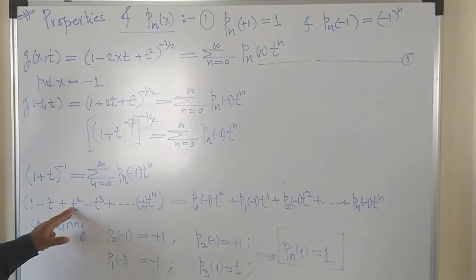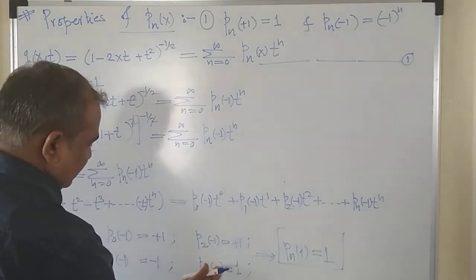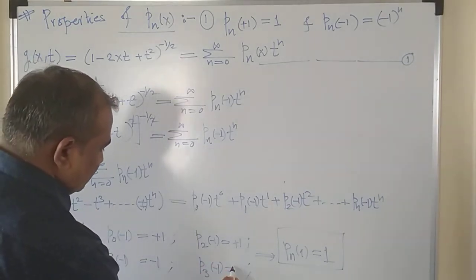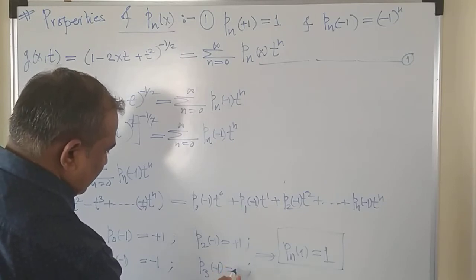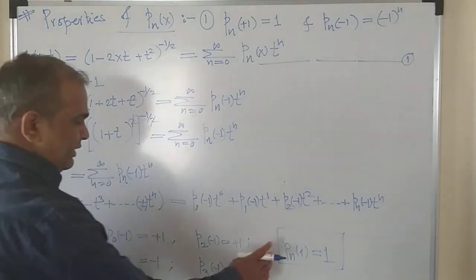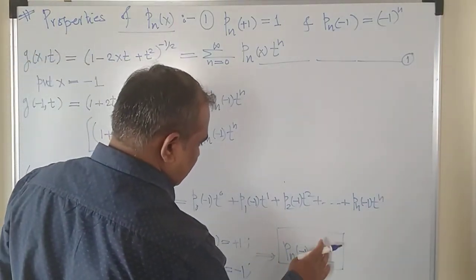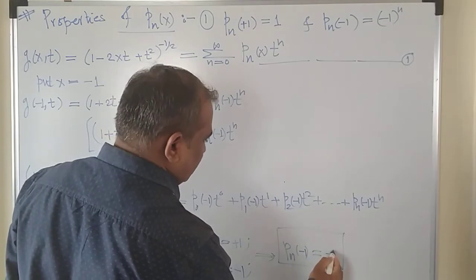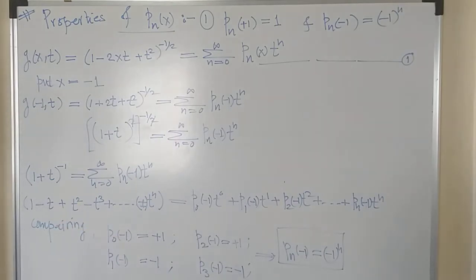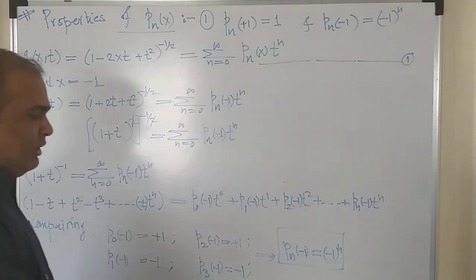Then t raised to power 3 you can compare. The coefficient of t raised to power 3 is p3 of minus 1, and this will be equal to minus 1, right? So in this way you will get alternate plus minus, and therefore what we can say here is Pn of minus 1 is equal to minus 1 raised to power n. Depending upon the value of n, whether it is even or odd, you will get its value.